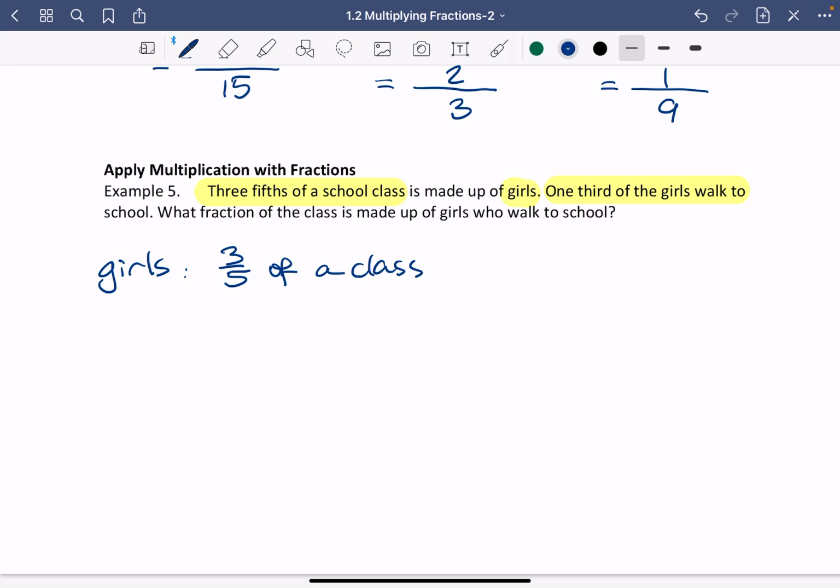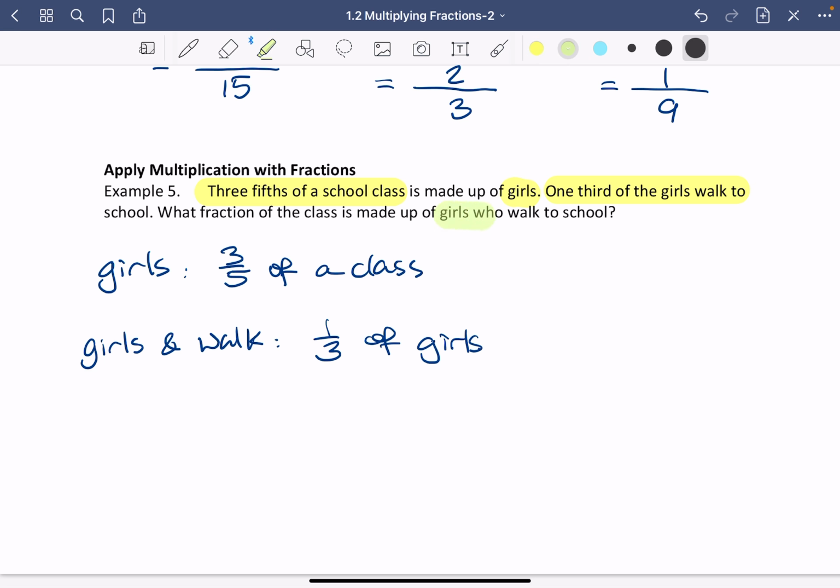And we have a third of girls walk to school. So what is the question looking for? The question is looking for what fraction of the class made up of girls who walk to school. So we want to calculate the number of girls who walk to school. Okay.